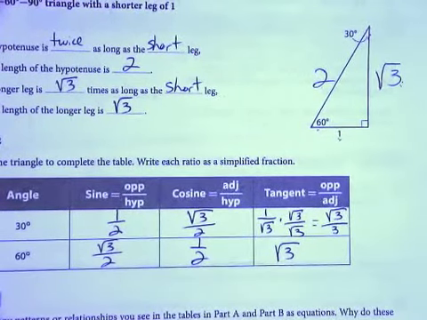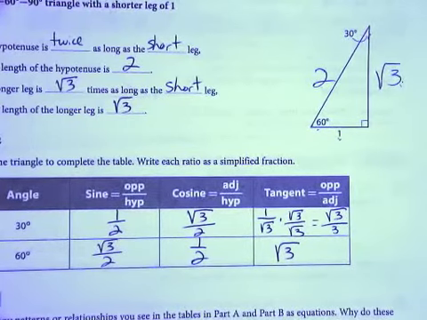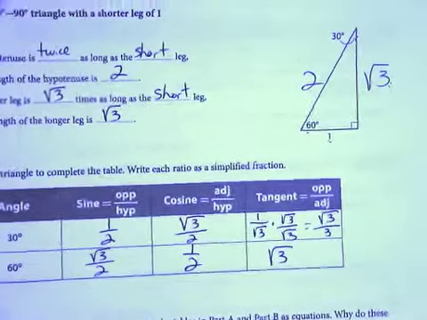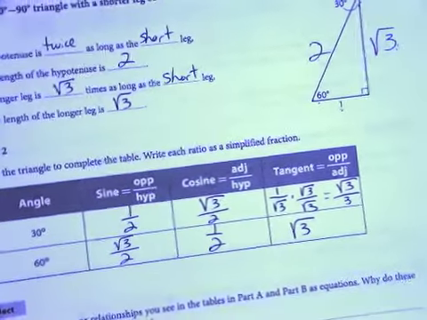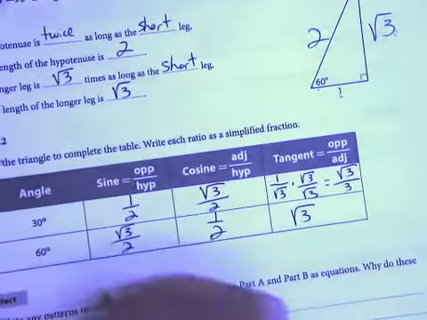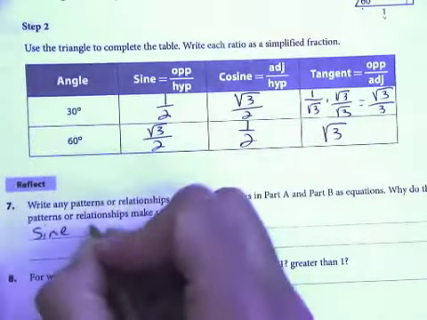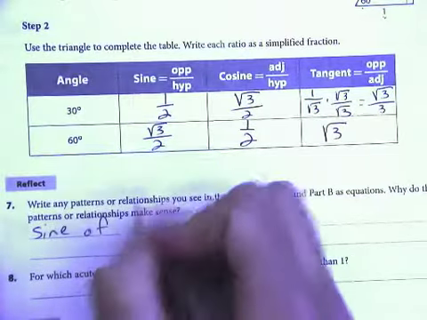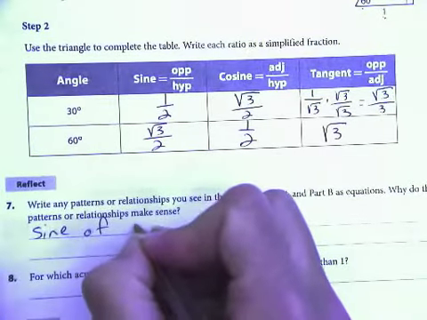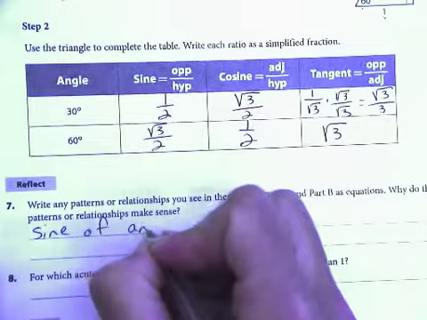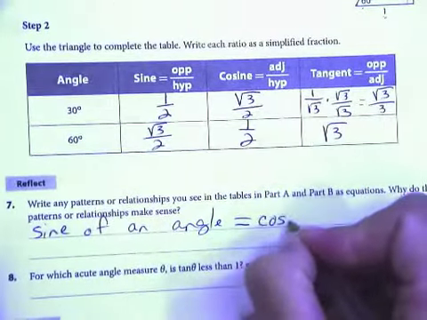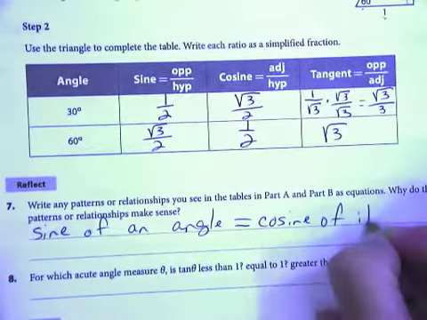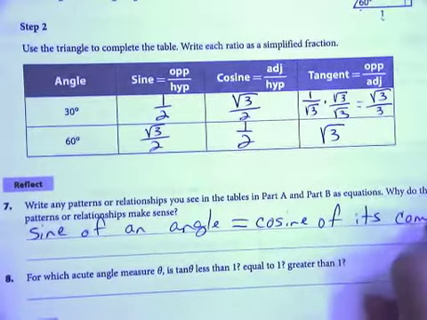Any patterns or relationships we see in the tables in parts A and B? Why do these patterns or relationships make sense? Well, we've already seen before the sine of an angle equals the cosine of its complement.